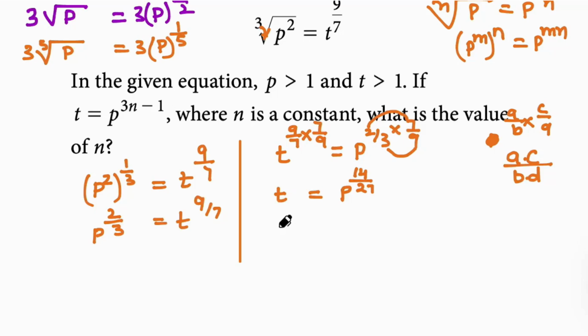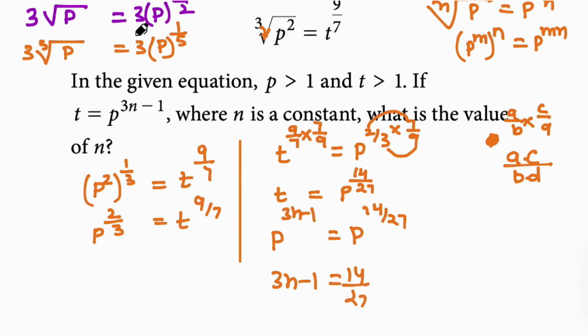So in the question it is p to the power 3n minus 1 and we have p to the power 14 over 27. Now one more rule of exponents is used. When bases are same on the opposite side of equality, then powers can be equated.